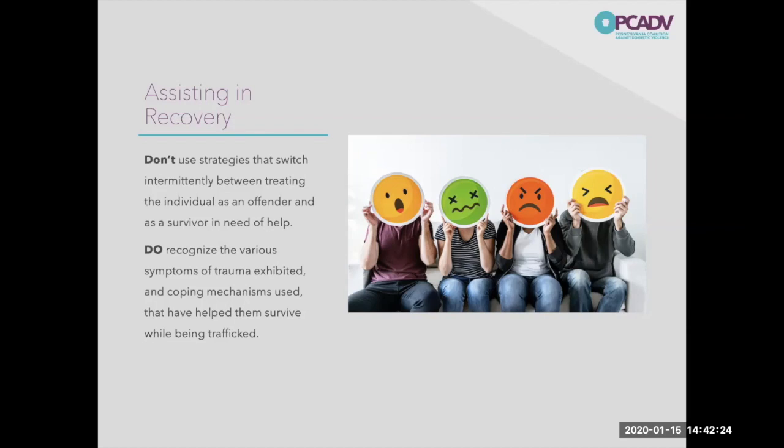Now, I know nobody on this webinar would ever do anything like that, but that is just an example that's really important, because oftentimes when we are starting to do human trafficking work, and especially in juvenile situations, there can be situations where somebody may be treated as a potential offender.